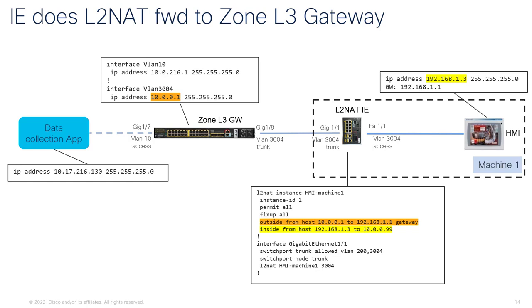Because VLAN 200 is not going to be translated. So packets going in and back and forth on VLAN 200 will not be impacted by any translation. Note, right, this is being done on VLAN 3000. The switch is making a layer 2 forwarding decision based on MAC addresses. Okay, this is why we call it layer 2 NAT.